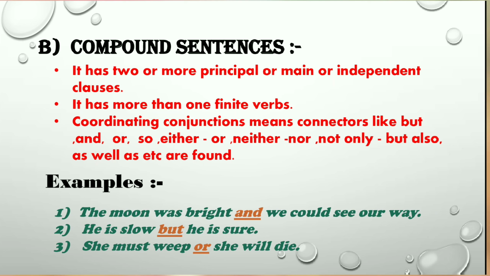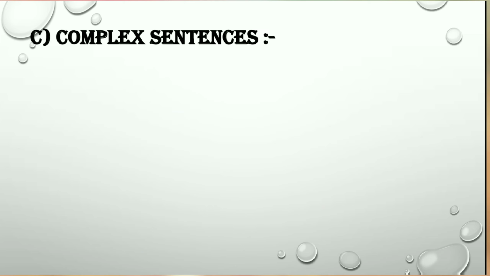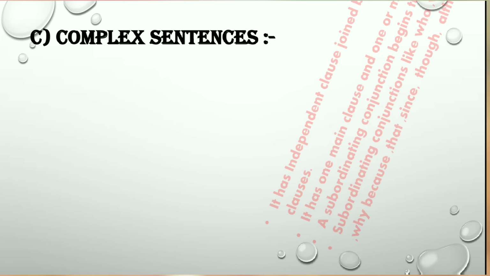In this sentence also, she must weep and she will die are both principal or main or independent clauses and they are joined with the connector or. So, in these three examples, and, but, or are the connectors or coordinating conjunctions. Friends, now see complex sentences.